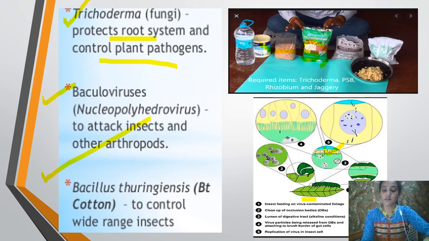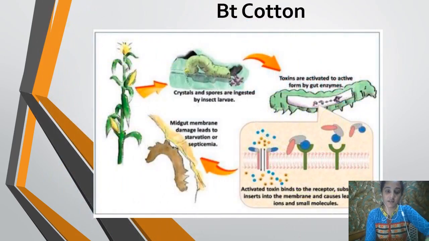Clear? So let's see the effect. So this is a plant and this is the organism that is attacking that plant. Normally what this worm will do, they start taking the leaf, and when the leaf production decreases, the productivity also normally decreases.